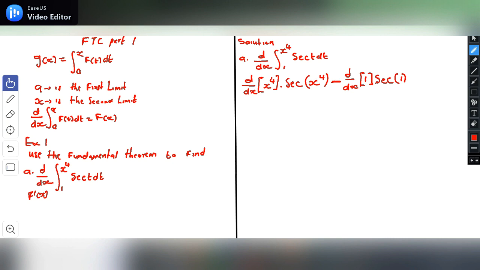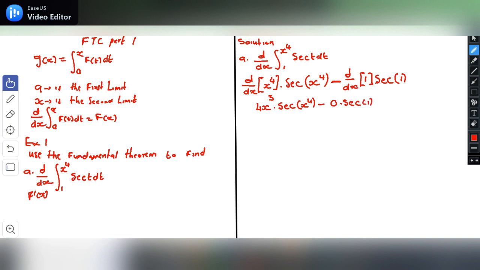Now, what is the derivative of x to the power of 4? It's 4x cubed, right? Multiply by the secant of x to the power of 4 minus, what is the derivative of 1? It's 0. Multiply by the secant of 1.